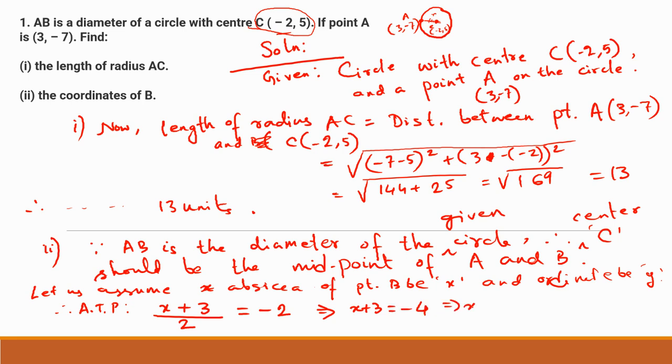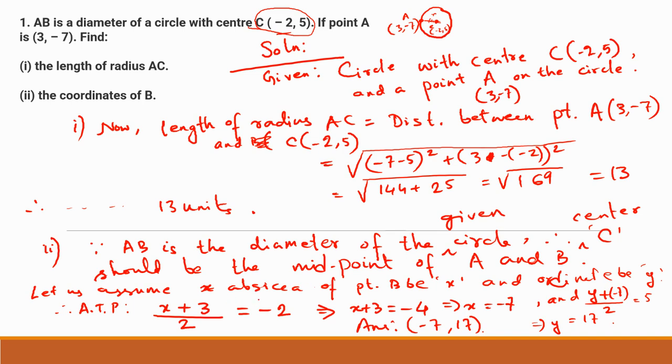So x should be minus 7. Similarly, y plus minus 7, divided by 2, equals 5. So y should be 17. So the answer is minus 7 comma 17. Just write it like this.